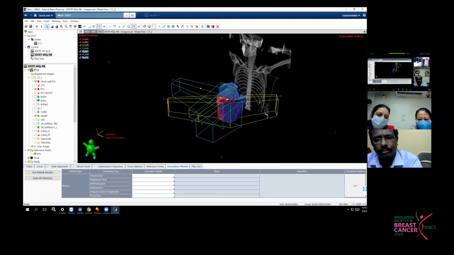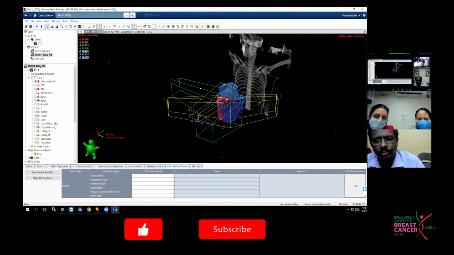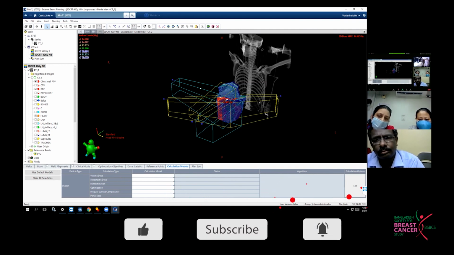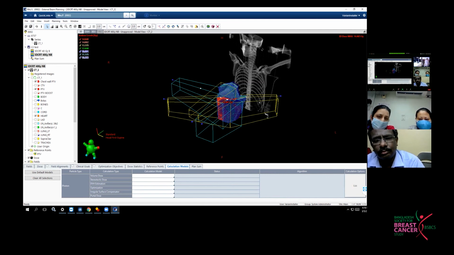You have to be very cognizant of this when you are writing the case for planning, because the FIF technique takes such a long time to get a good optimal plan. So with a preliminary look at the CT, you can tell that in this case I may have to go 1 centimeter below, or move the border 1 centimeter anterior, in order to avoid cardiac irradiation or reduce the lung dose.